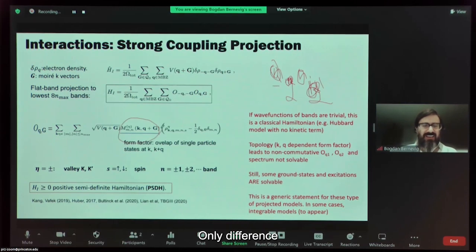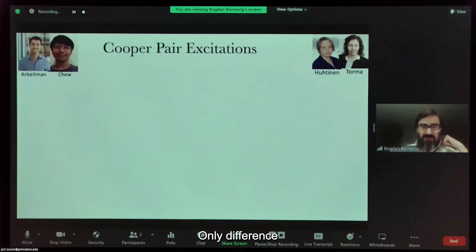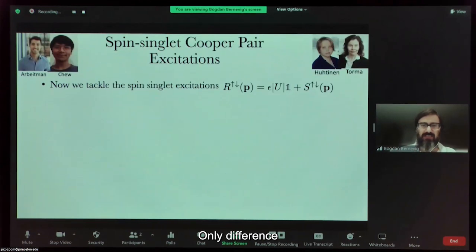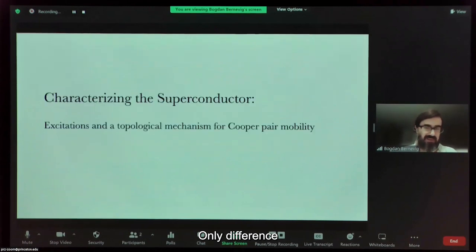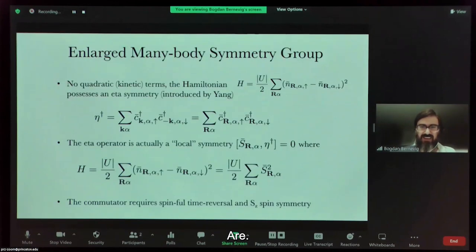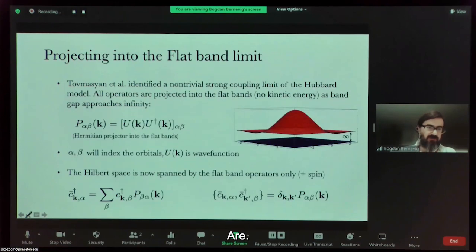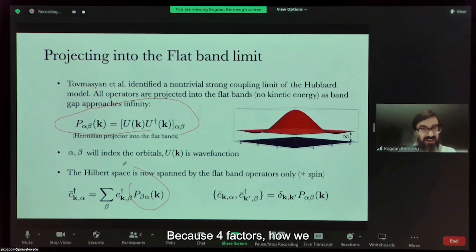So this is how they don't commute, because of the projection into the flat bands. This is why I need these flat bands to not be atomic limits. If they were atomic limits, they would just have a delta function and project, and I would still get a simple classical model. But because of this projection, the operators don't commute.